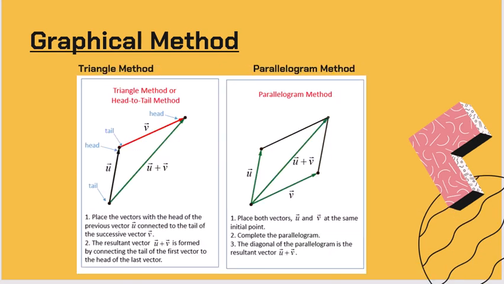So, we have the graphical methods of the triangle and parallelogram method. This is the difference between the two. Okay, let us see. Based on the given figure, on the triangle method, this is the head to tail method.